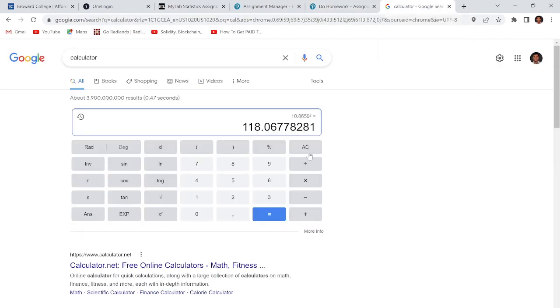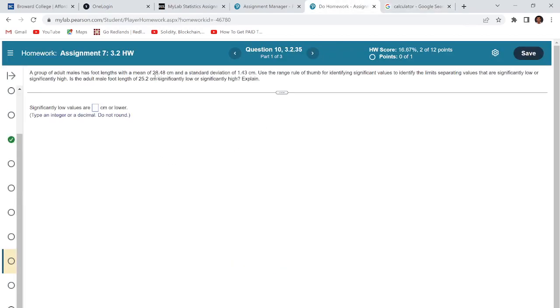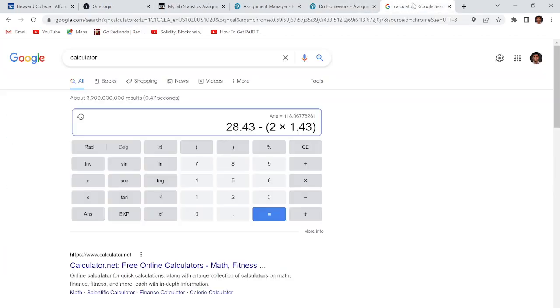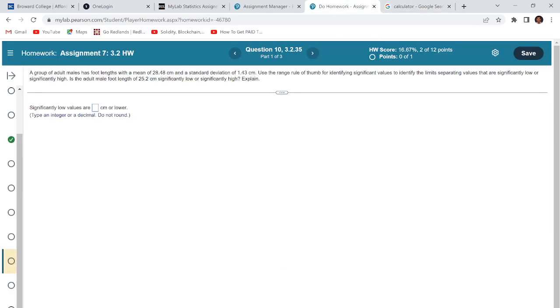So I'm going to use a calculator here. 28.43 minus, I'm going to use parenthesis here, 2 times 1.43, which is 2 times the standard deviation. Mean minus 2 times standard deviation. So anything less than 25.57, let me double check, it's 28.43, that's the mean, and the standard deviation is 1.43.